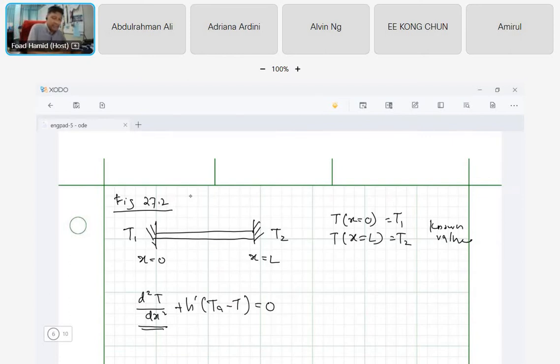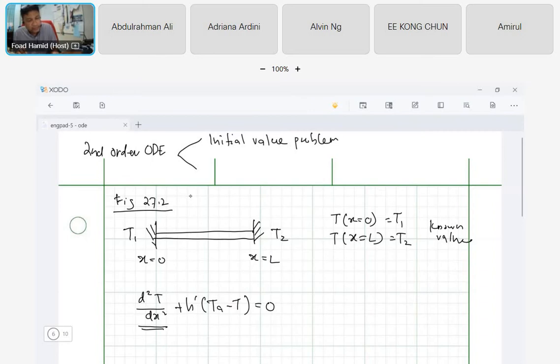First, we must realize that if you recall whatever you learned in your math, your ODE class, or I think they call it persamaan terbitan, a second order ODE has two types. The first one is what we call the initial value problem.